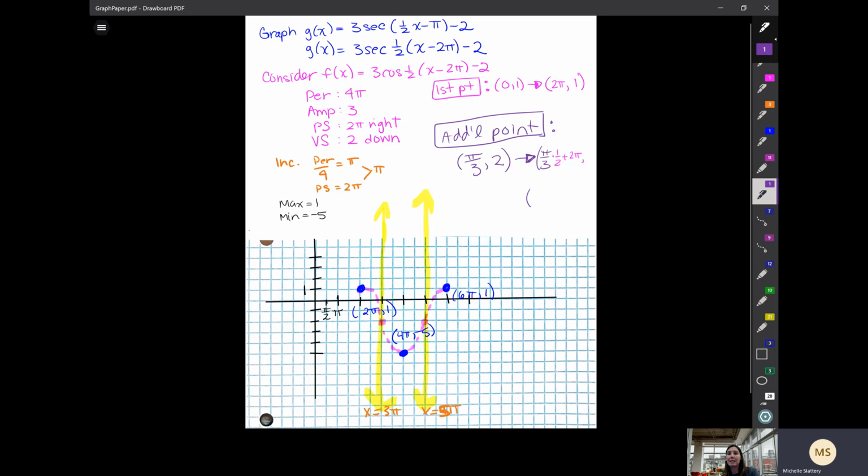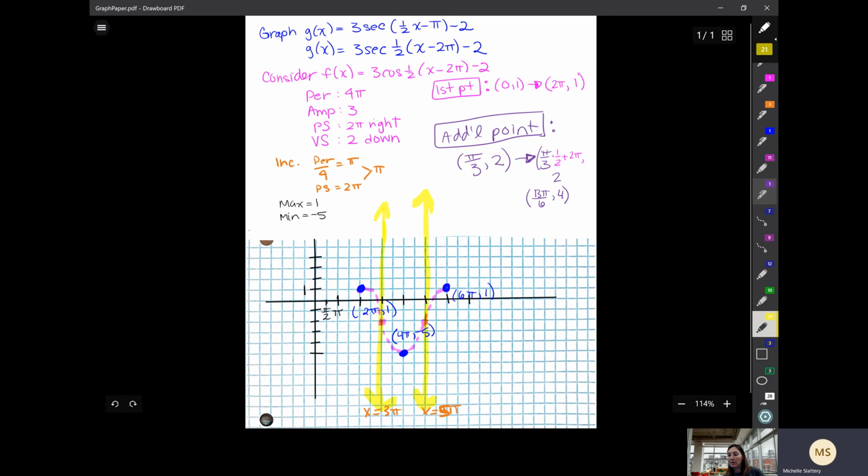So that's 2 and 1/6. So that's 13 pi over 6. And my y coordinate I have as a 2. And for my y coordinates, what am I going to do? Well, I am going to multiply by 3, and I'm going to subtract 2. So 2 times 3 is 6, minus 2 is 4. So I have 13 pi over 6, comma 4.